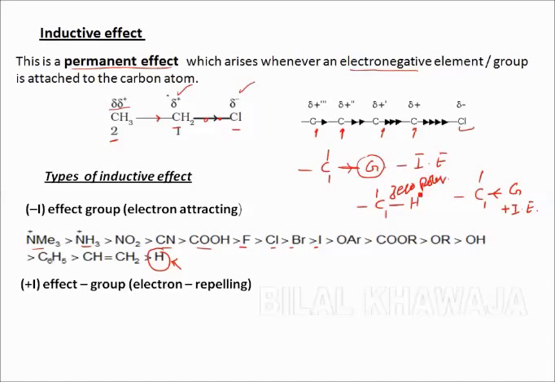Clear? But some of the groups have the positive inductive effect. Very interesting: all the alkyl groups. An alkyl group has a plus I effect. It has electron donation power; it's an electron donor group. And this electron donation effect increases with the number of carbon atoms in the alkyl chain.